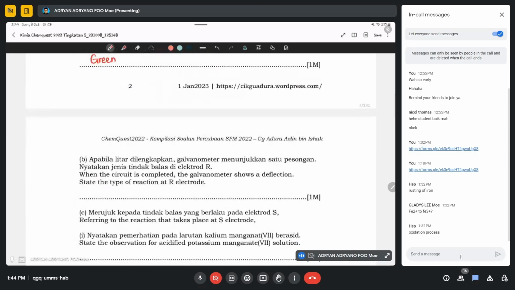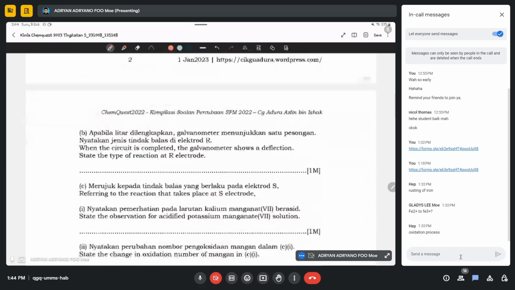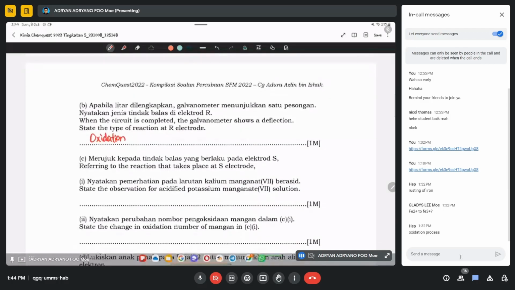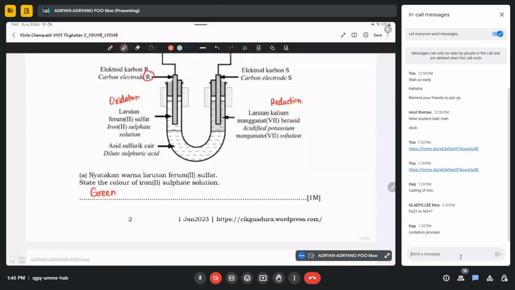Okay, next. When the circuit is completed, the galvanometer shows deflection. State the type of reaction at R electrode. It asks about the R electrode, so the answer will be oxidation. See? 2 marks. Okay, C. Referring to the reaction that takes place at S electrode. Now the tricky point: students who do not read the question will not understand, because it now says S electrode.